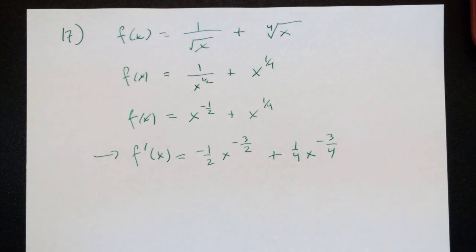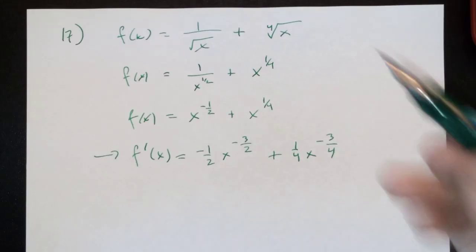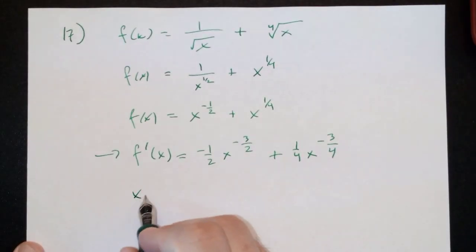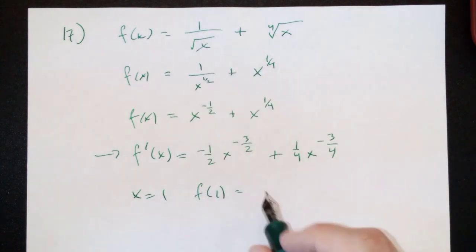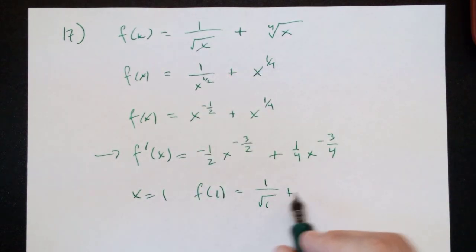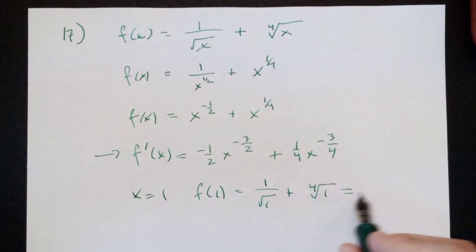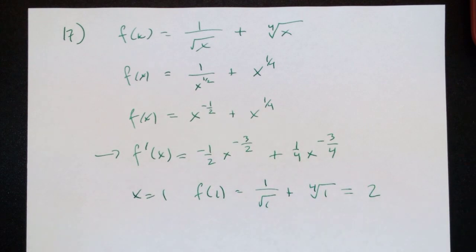You're still looking all furrowed. Let's make one up. What if I told you that x was equal to 1 in this problem? Well, then I would say, what's f of 1? 1 over the square root of 1 plus the fourth root of 1 is 2. That's my y value. My slope is f prime of 1.